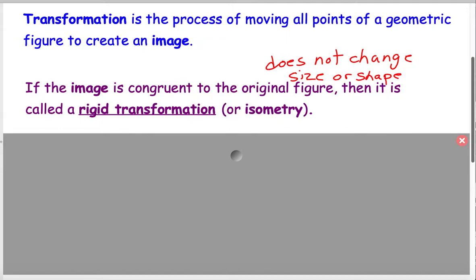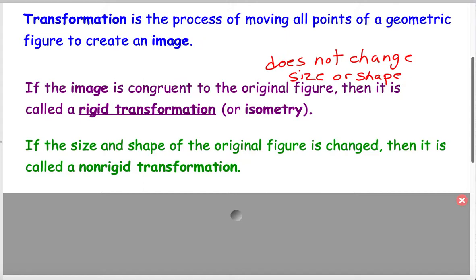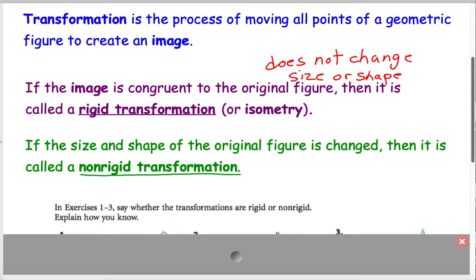So we'll just focus on the term rigid transformation. So that's when it doesn't change size or shape. If it does change the size or the shape, then we call it a non-rigid transformation. And in this unit, we're going to focus on the rigid transformations.